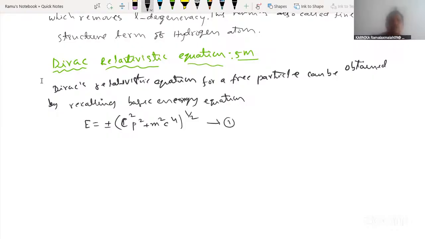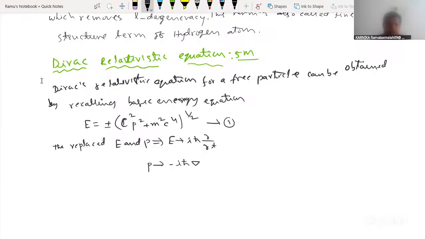By replacing E and P: E extends to i h-cut del by del t, and P extends to minus i h-cut del.